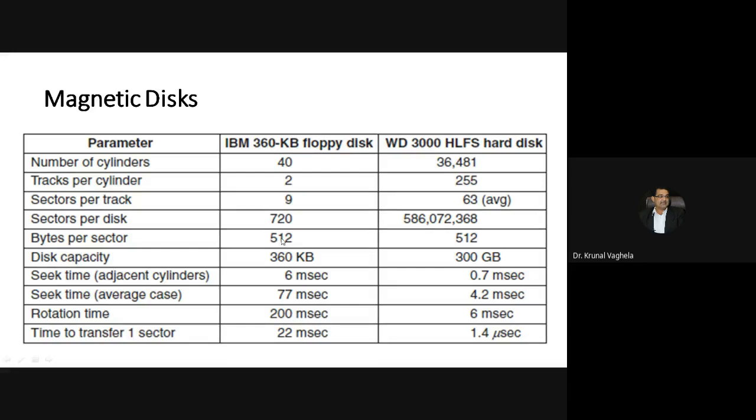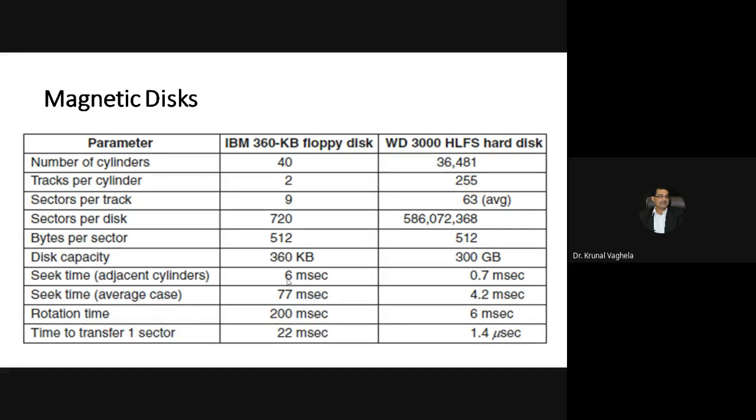So total capacity, you can see 720 multiplied by 512 is 360 kilobytes. Here 300 GB. So this is for only a 300 GB hard disk. But in the market, you can see now even 2 TB, 4 TB hard disks are available. Seek time for adjacent cylinder. Generally, seek time is 6 milliseconds in floppy.